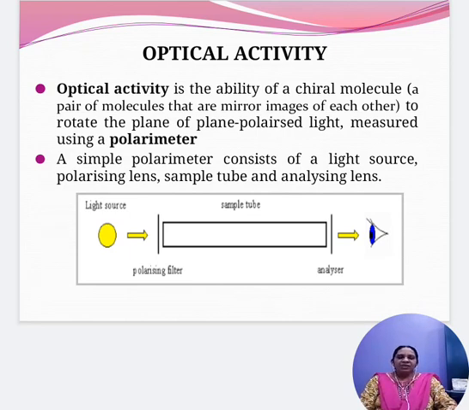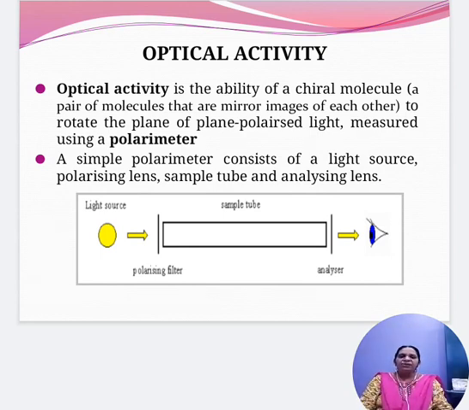So what is optical activity? Optical activity is the ability of a chiral molecule. What is a chiral molecule? It is a pair of molecules that are mirror images of each other, like benzene.